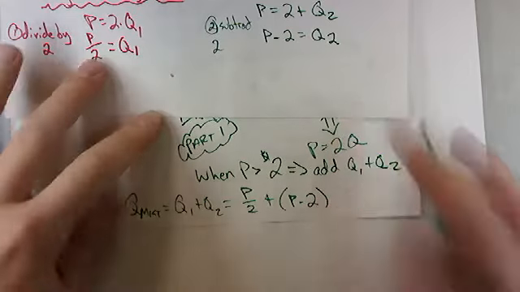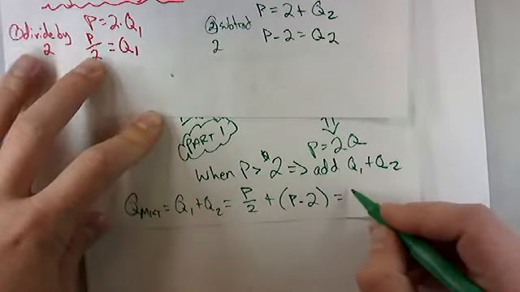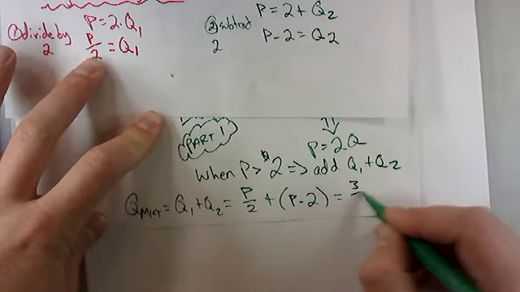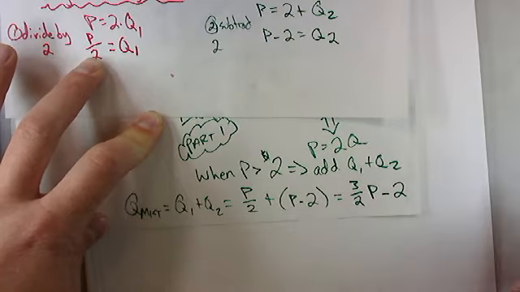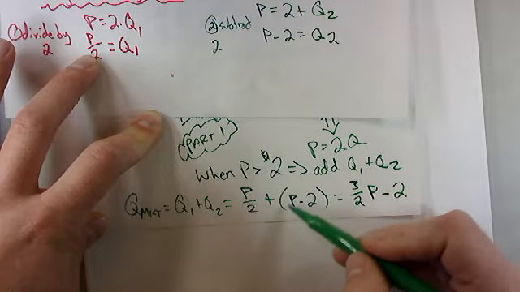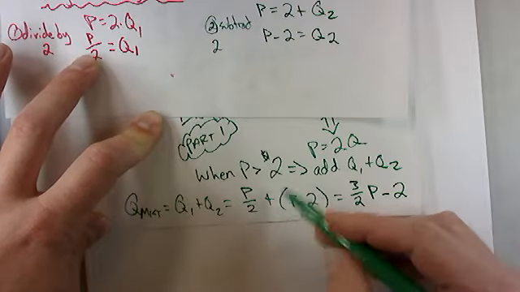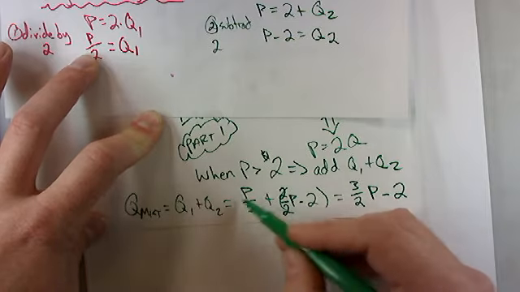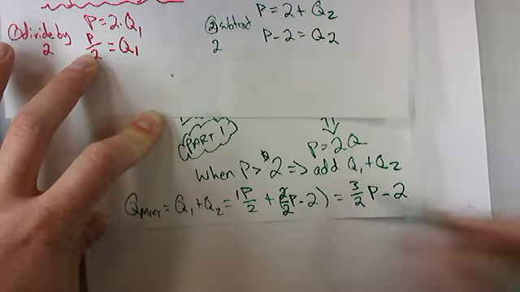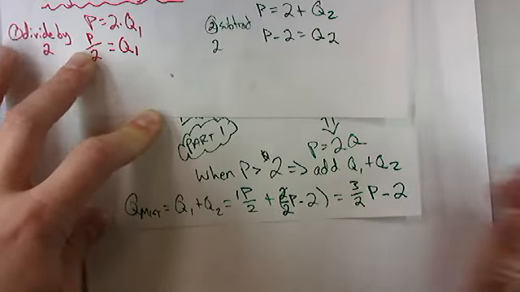And so this reduces to 3/2 P minus 2, because this is half a P, this is a full P. So 2 over 2 plus 1 over 2 is 3 over 2. The negative 2 stands alone.